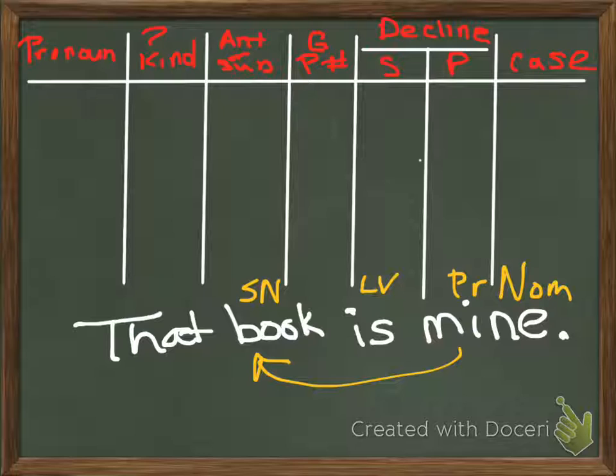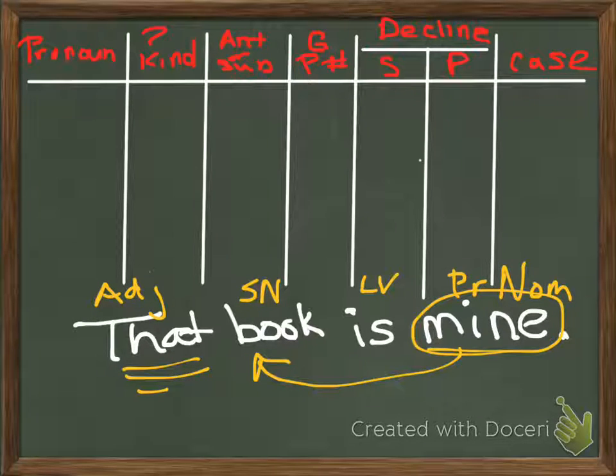So that in this sentence is being used as an adjective to modify book. The reason why we classified that whole thing is because that's one of those overused words in English, and sometimes it's a pronoun and sometimes it's not. So we needed to make sure that it wasn't being used as a pronoun. So the only possessive pronoun we have in here is mine. So that's the only one we're going to parse.